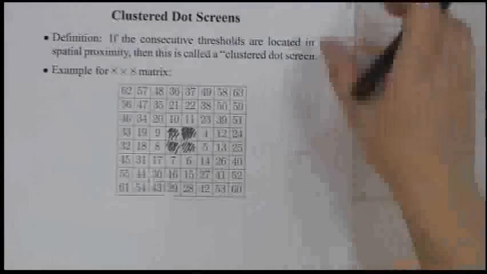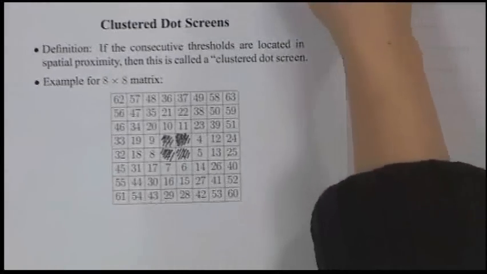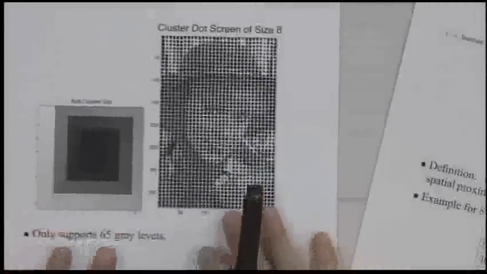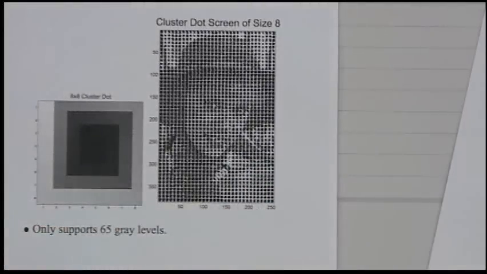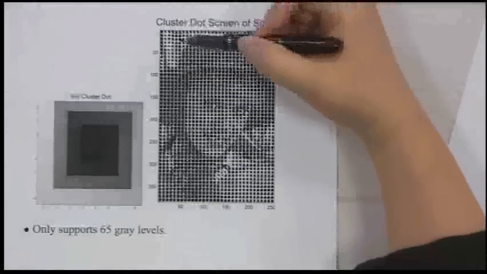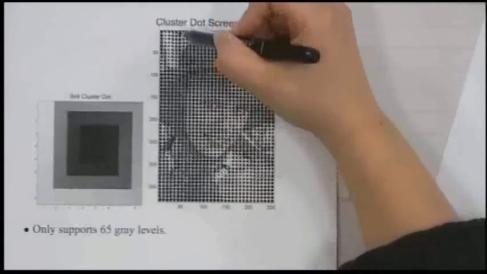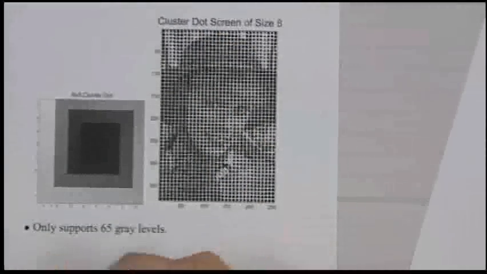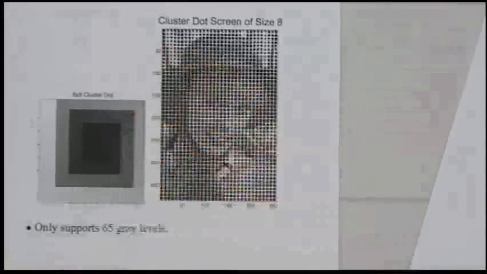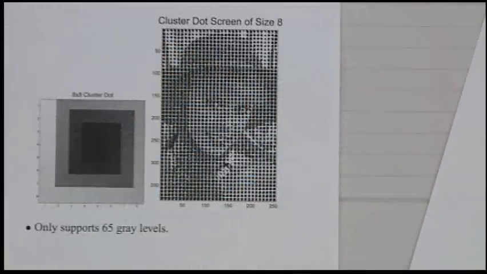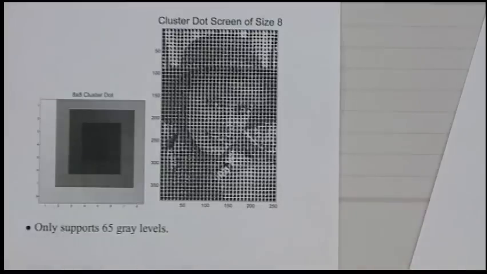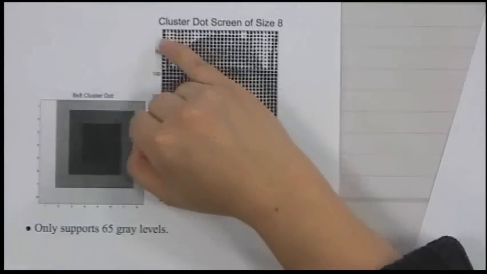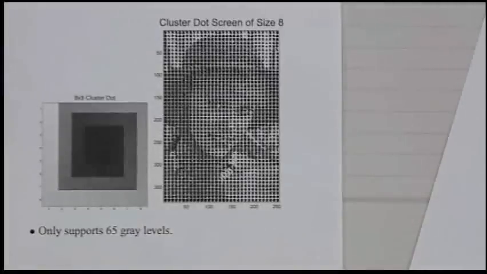If we use these clustered dot screens, the outcome is like this. We can see lots of clusters, and the transition between blocks is a little bit too obvious. If we look at this picture from very far away, it looks good. But if we look closer, we can see distinct clusters.